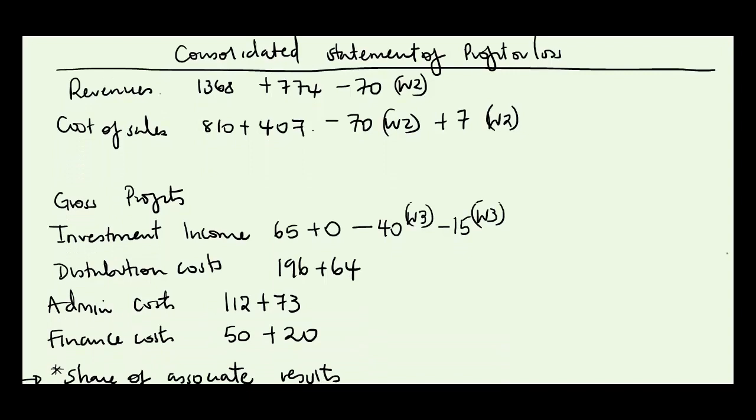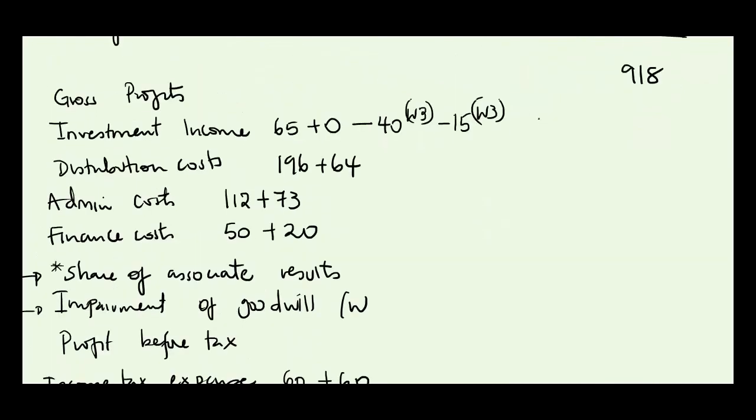So for revenues, let's finalize that number. What do we get? We get 2072. What about our cost of sales? We are getting 1154. So our gross profit is actually 918. Investment income, I'm getting 10. Distribution cost, there was no adjustment, it's 260.